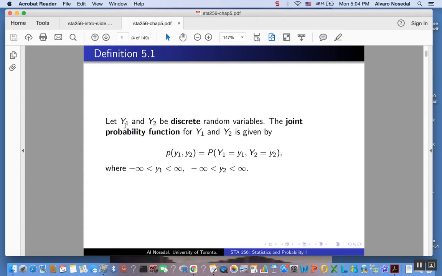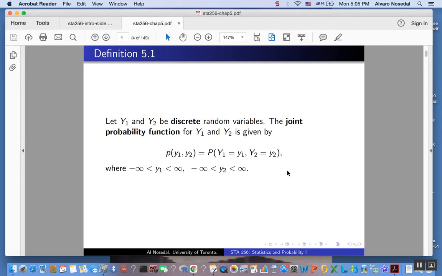So we have two of them now, and the joint probability function is going to be defined like this: the probability that the random variable y1 equals a particular value, and that the second random variable y2 is equal to another value. And we want these functions to be defined between negative infinity and infinity, both of them.